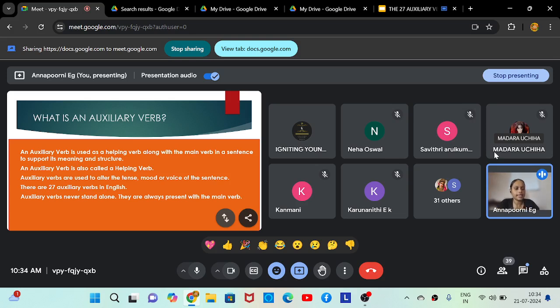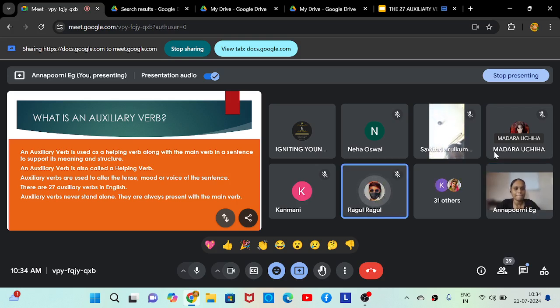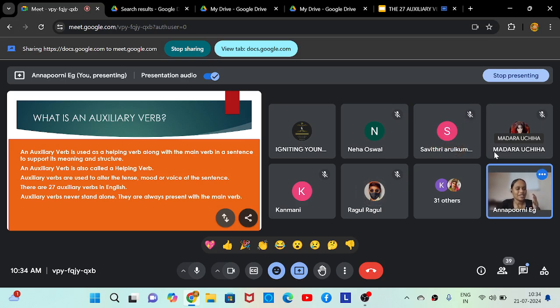There are two words in English which sometimes create confusion. One is alternate and the other one is alternative. If you refer to some dictionaries, you will find commonly confused words. Alternate means, for example, Monday, Wednesday, Friday, alternate days.